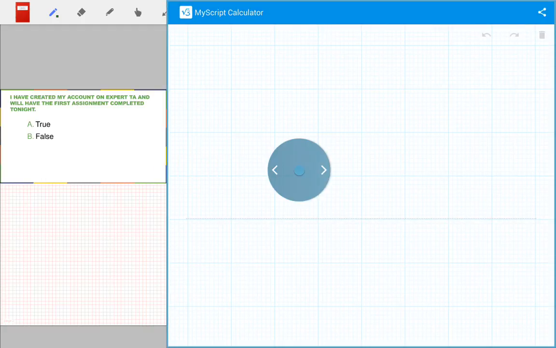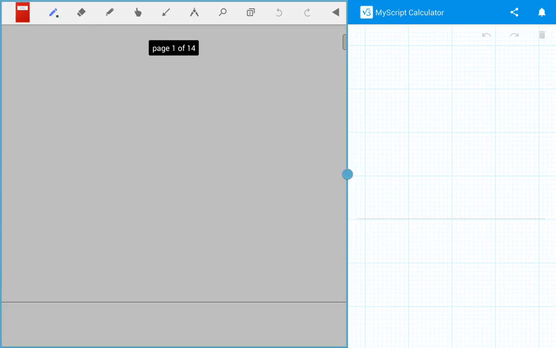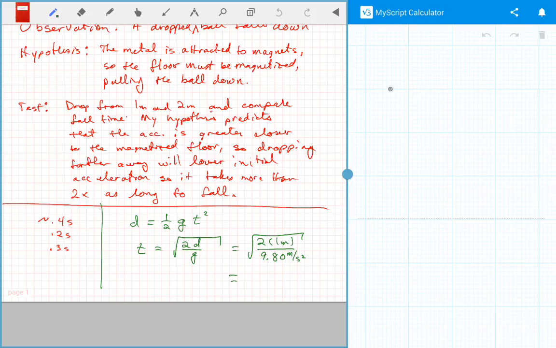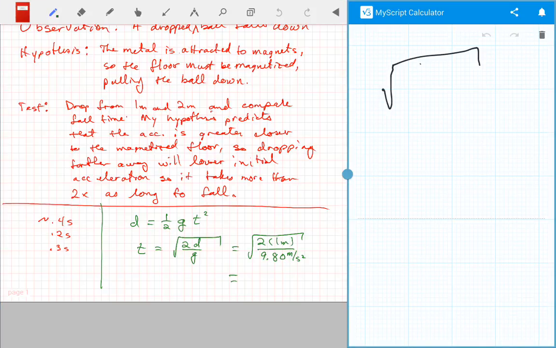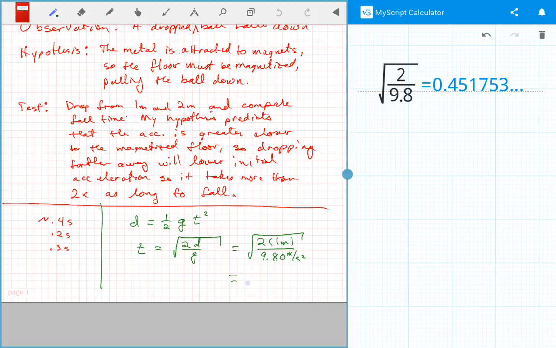That was a big calculator. And so my number was square root of 2 over 9.8. And so that's how long it should have taken. 0.45 seconds.